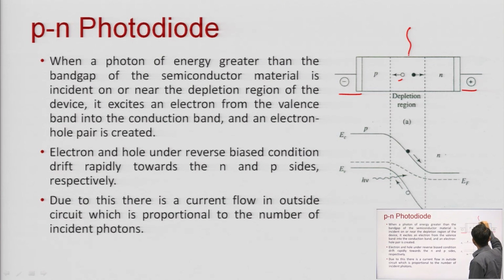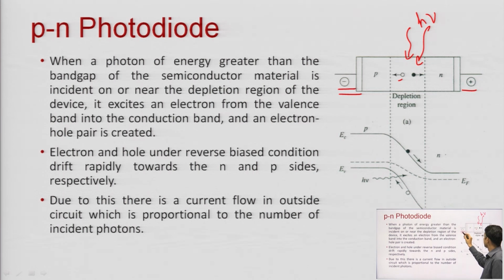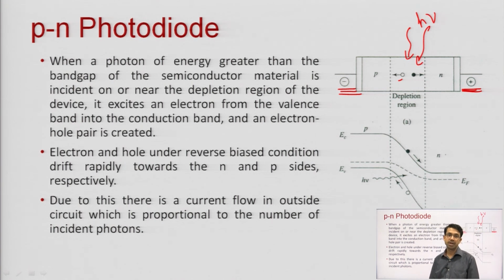As soon as any photon falls on this junction region, it gets absorbed and an electron gets excited. When an electron gets excited, an electron hole pair is created. As soon as the electron hole pair is created, due to external bias, what will happen? The hole will move to this side because this is negative, and the electron will move to this side because this is positive, and in the output circuit we get a charge equivalent to 1 electron.